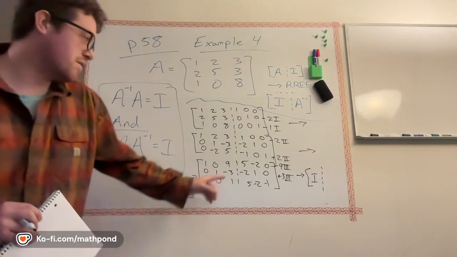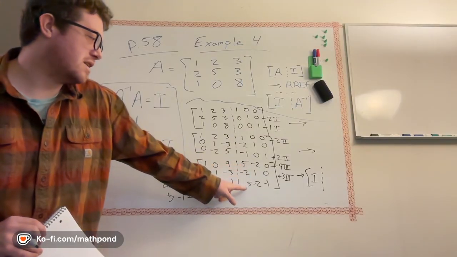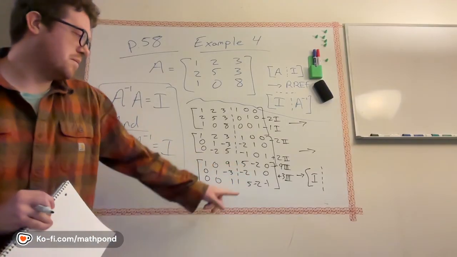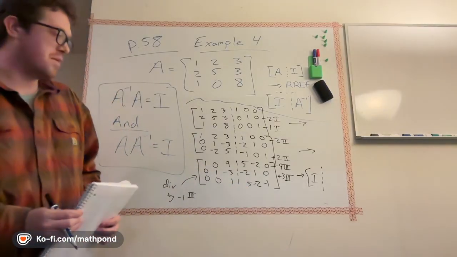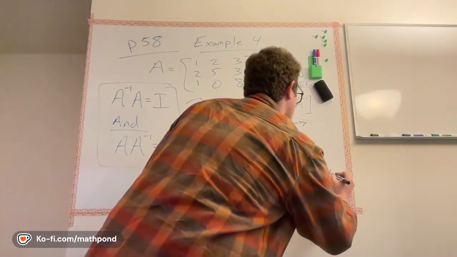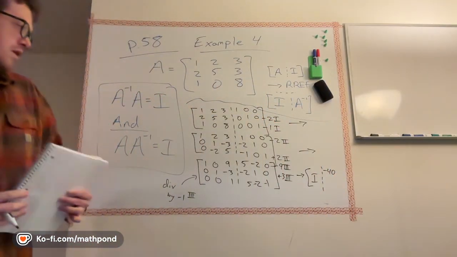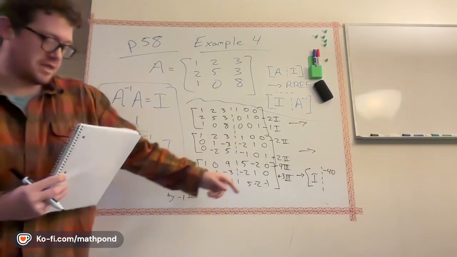But for A inverse, we're going to take 5 and subtract 9 times 5 here. So 45, negative 45 plus 5 is negative 40. Negative 2 minus 9 times 1 is negative 11.